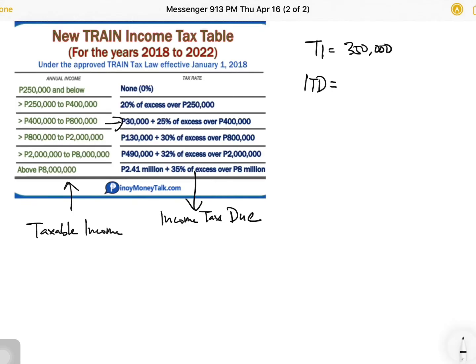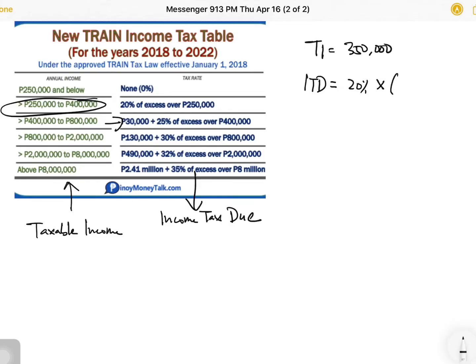So first, you refer to the first column. Where is 350? 350 falls in this bracket, right? So that's your bracket. What's the formula? It says there that you will get 20% of the excess of your amount over 250.